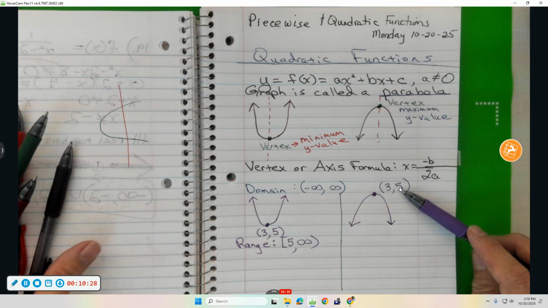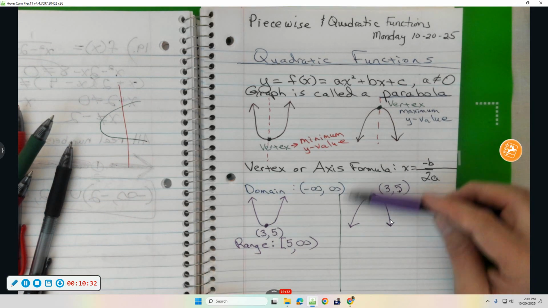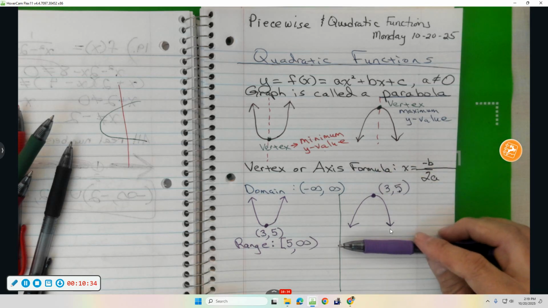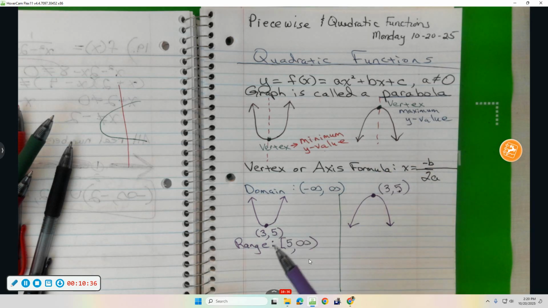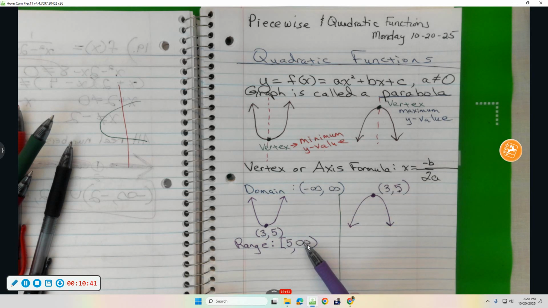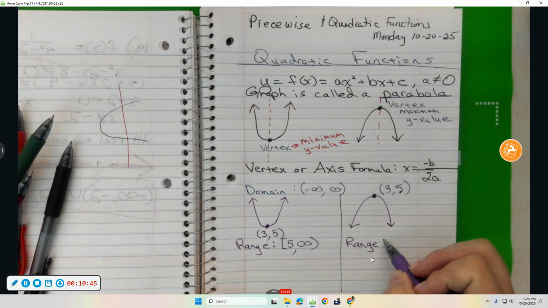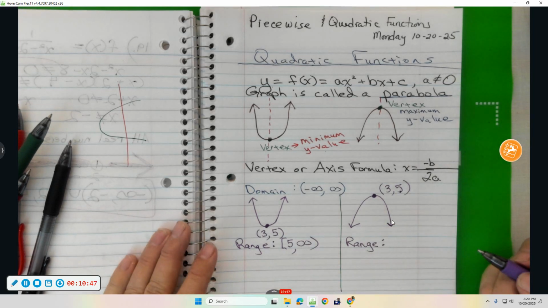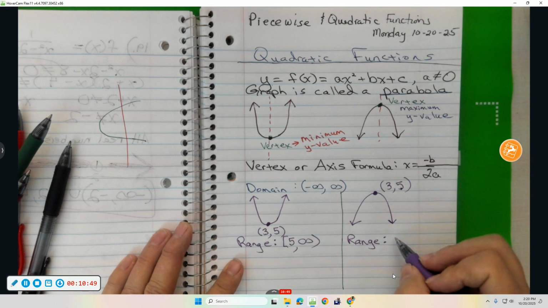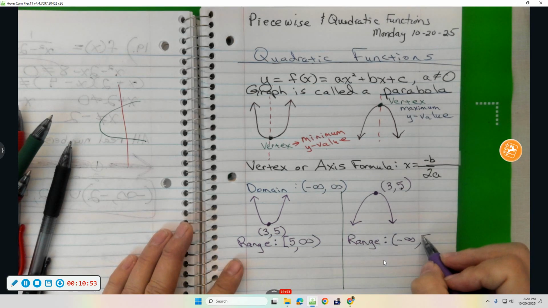The 5 is the biggest y value. You're going small to big, bottom to top. Just like this, we went bottom 5, going up was positive infinity. Here, what are we going to write first for the range? What's the small value? Negative infinity. So negative infinity up to positive 5.